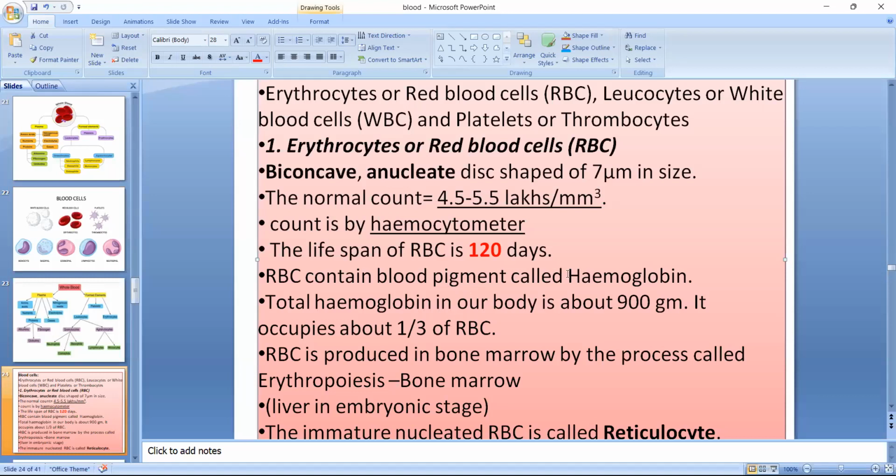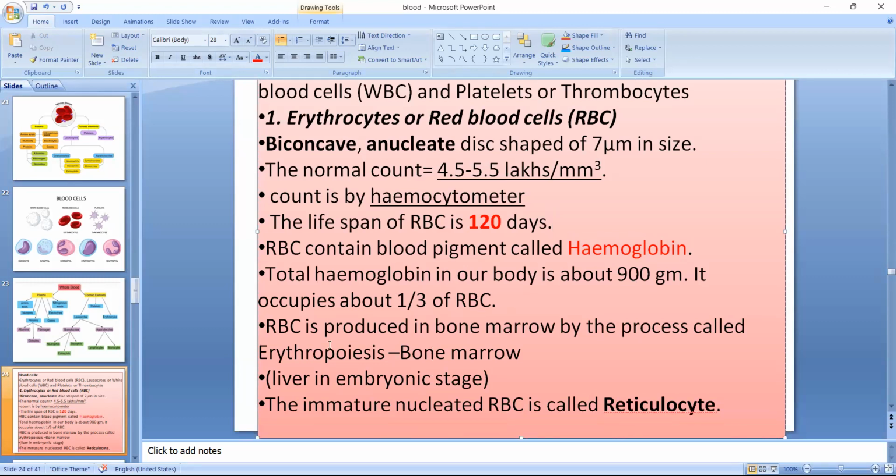RBCs contain hemoglobin, which is why they are red in color. RBCs are produced in bone marrow by a process called erythropoiesis. Production of red blood cells is known as erythropoiesis. In an adult human being, they are produced by the bone marrow just like other blood cells.